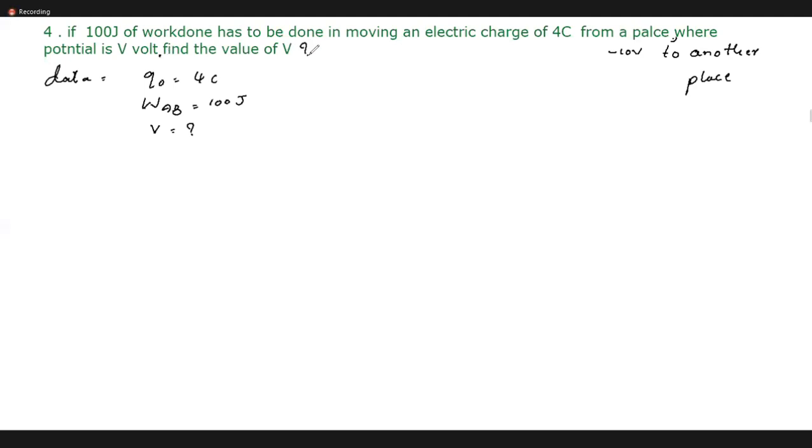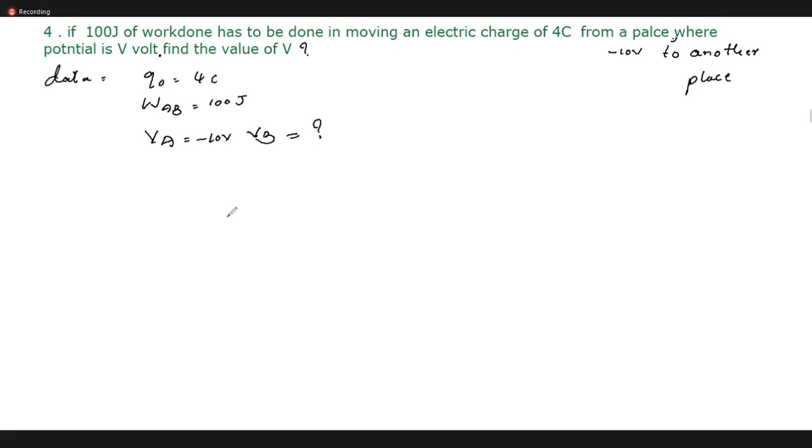Find the value of V. So you have two values here. We can't find VA directly because it is electrostatic potential. Let me write VA and VB. VA is given as minus 10 volt. VB is the unknown to find out.